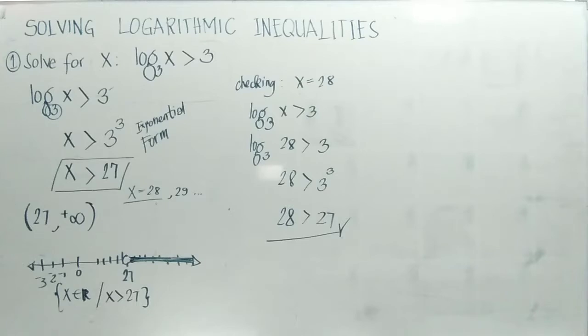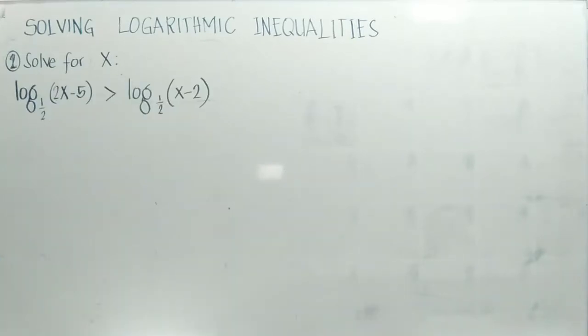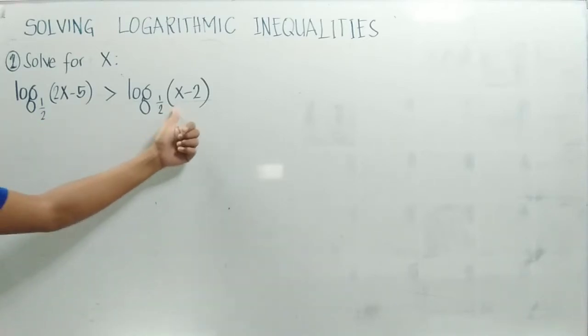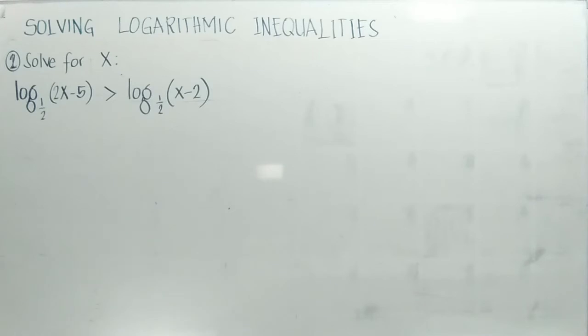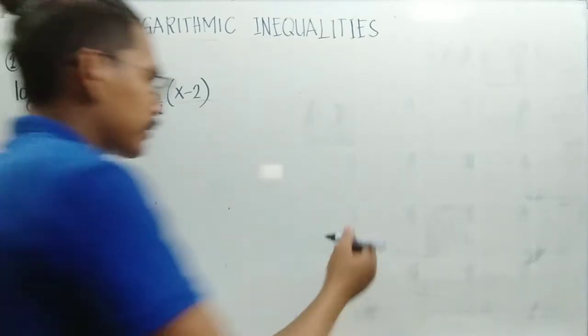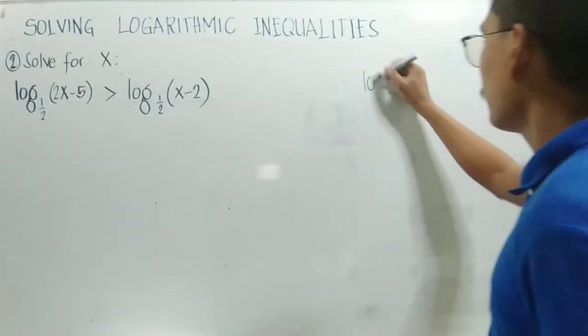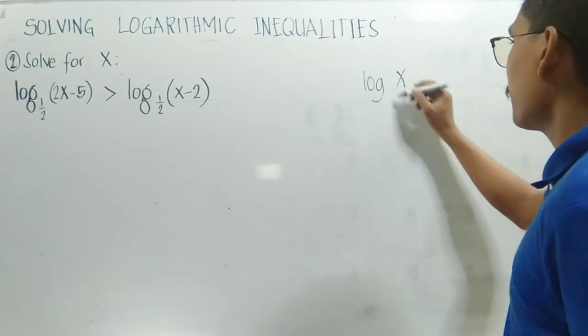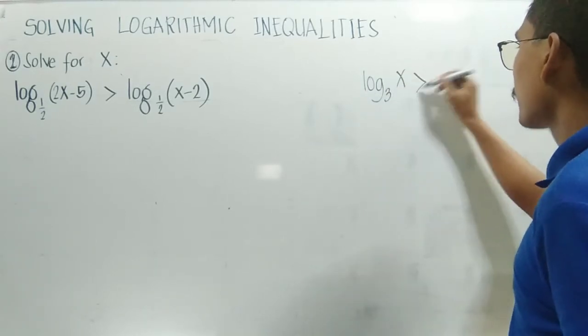Now let us proceed to our second example. We have log of the quantity of 2x minus 5 base 1/2 is greater than log of the quantity of x minus 2 base 1/2. So if you can remember your first example, we have log of x base 3 is greater than 3.